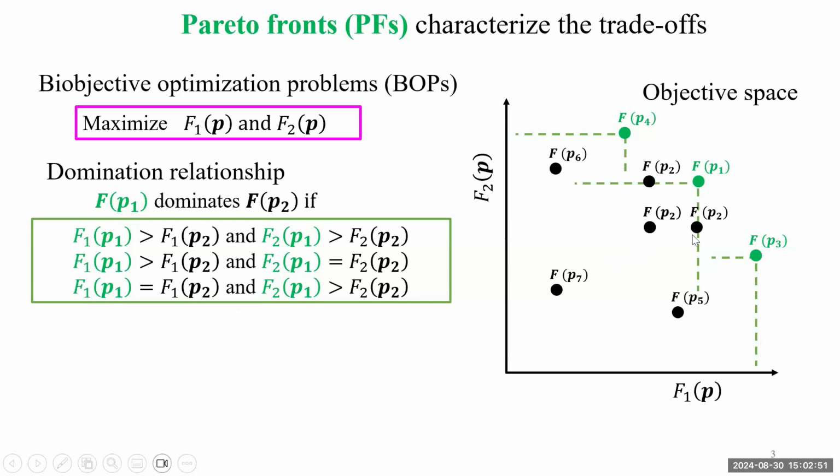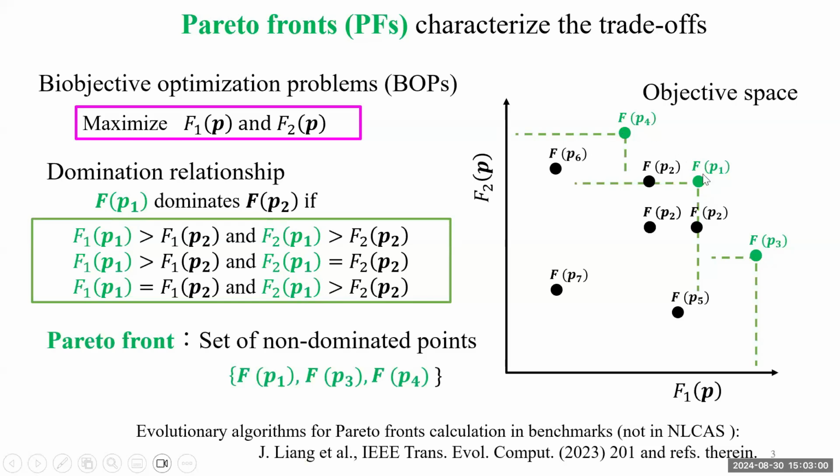Here, the first objective is the same, but the second objective is better. Please note that these green 3 points are not dominated by any other point. The Pareto front is a set of non-dominated points. In this case, these 3 points, F of P4, P1, P3, are the Pareto front.